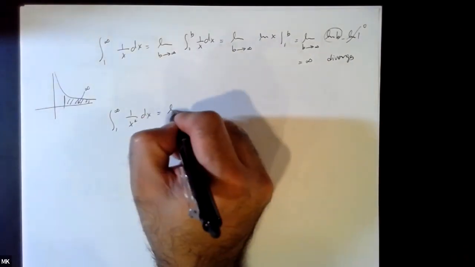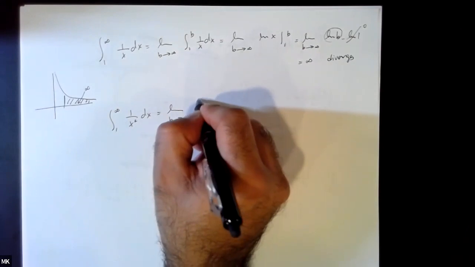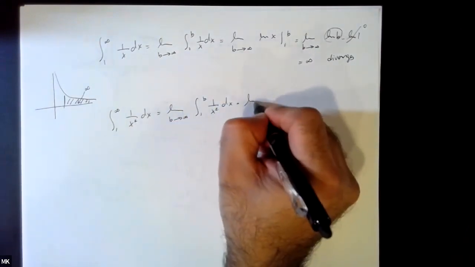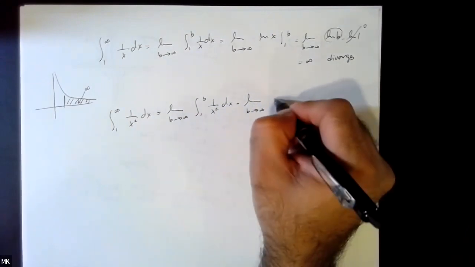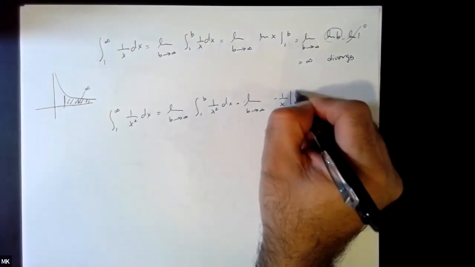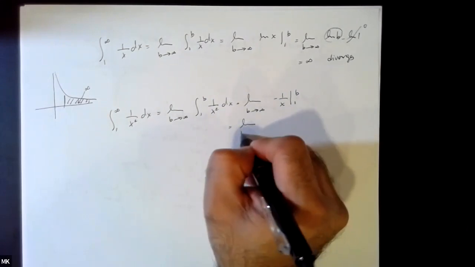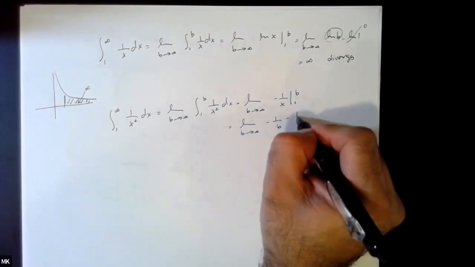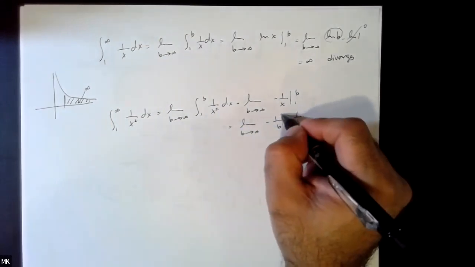So once again, I'm going to let the limit as b goes to infinity of the integral from 1 to b, which is the limit as b goes to infinity of negative 1 over x from 1 to b. The limit as b goes to infinity of negative 1 over b plus 1 over 1. As b goes to infinity, that goes to 0.